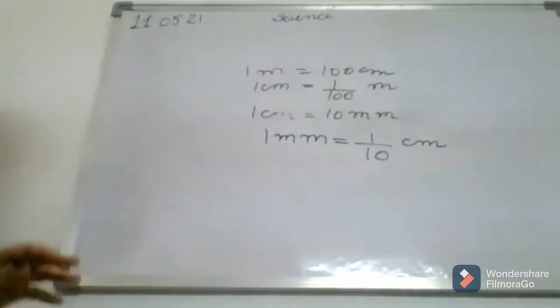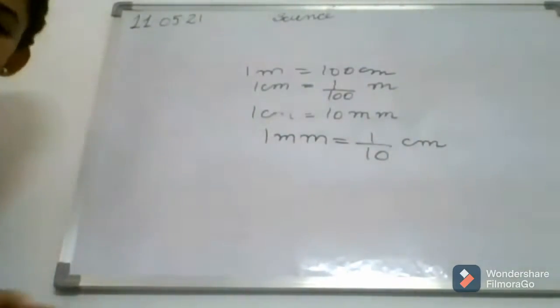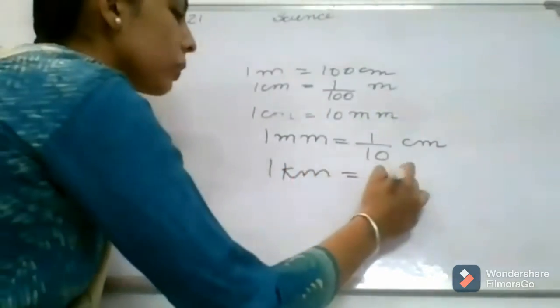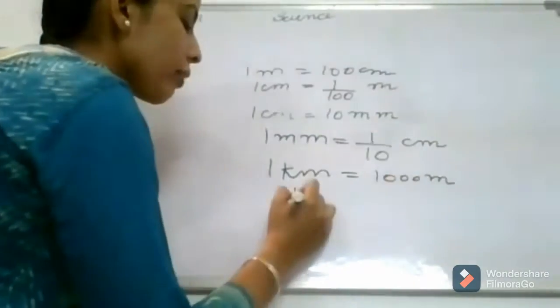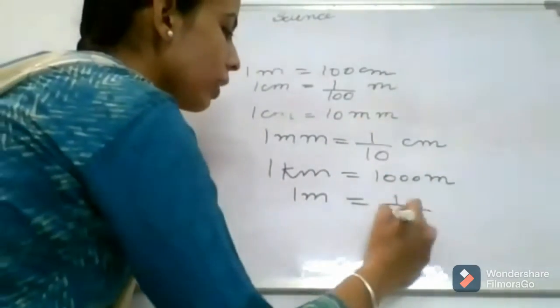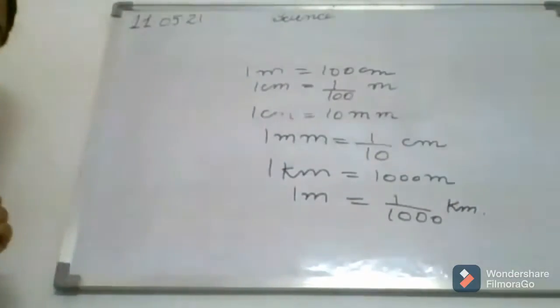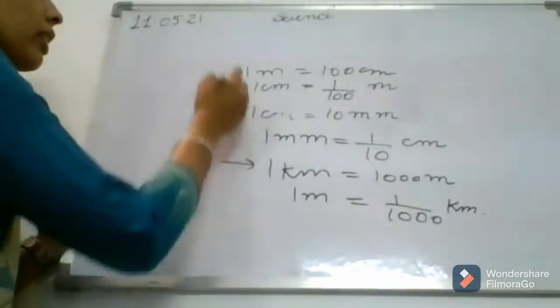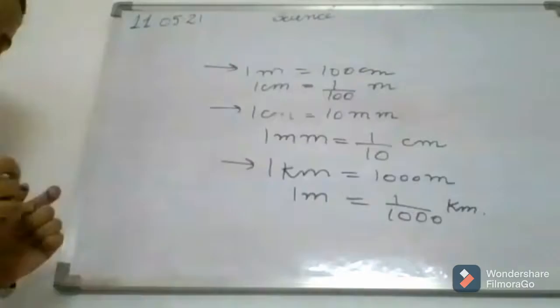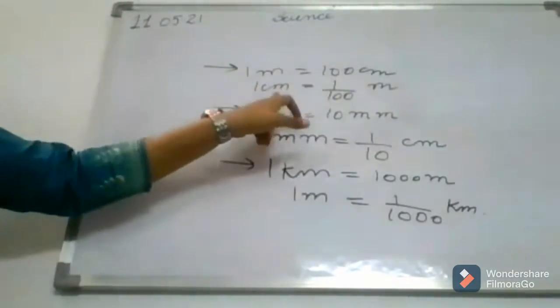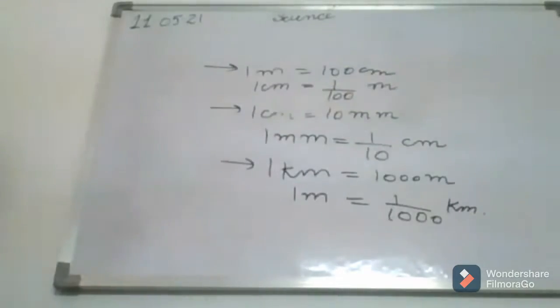This is the thing that you should know. Another unit we have done: 1 kilometer is equal to 1000 meter and 1 meter is equal to 1 upon 1000 of kilometer. Clear? Firstly, it is direct that you know. Then we will divide if we have to convert centimeter into meters.